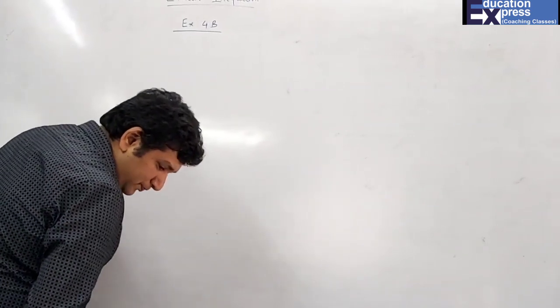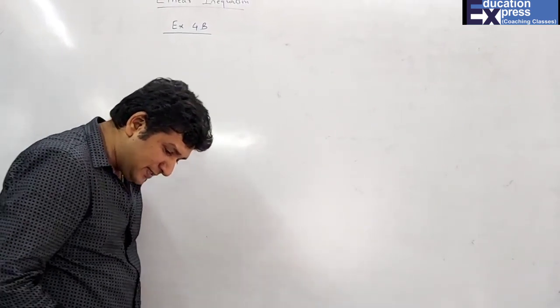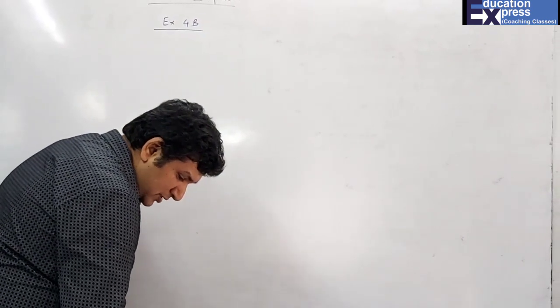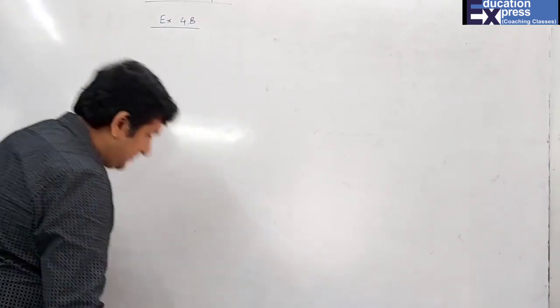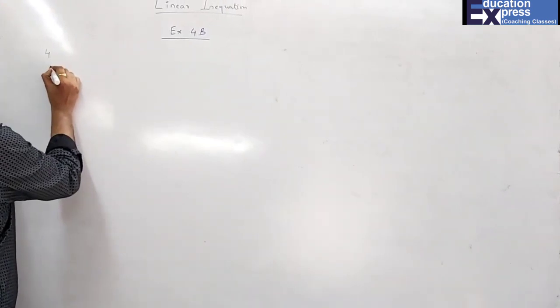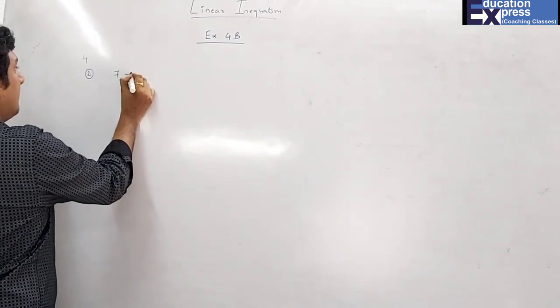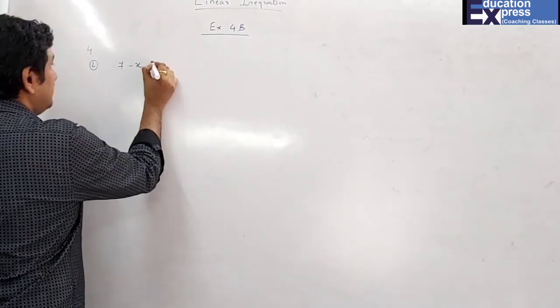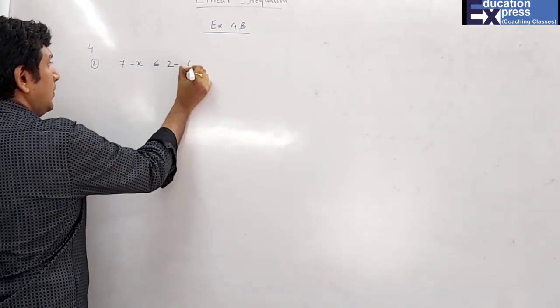And fourth, I will be doing second, fourth and sixth. Again number line, real number line only. So what is it? Fourth part: 7 minus x is less than equal to 2 minus 6x.